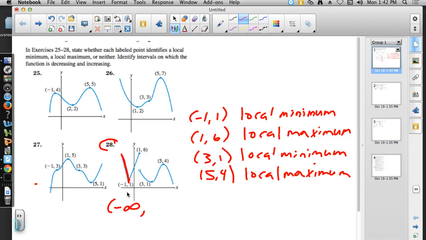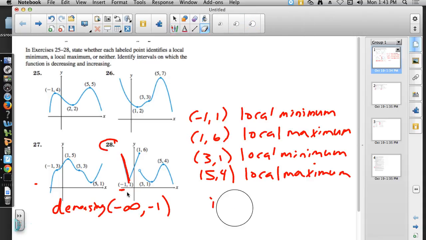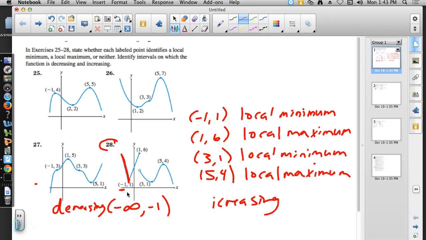But what we're talking about right now is where it's decreasing over an interval, and those intervals always depend on x. So our x value here will be -1. So this is decreasing, and we'll have an increasing over here as well, because that's what's happening with the next portion of the graph.